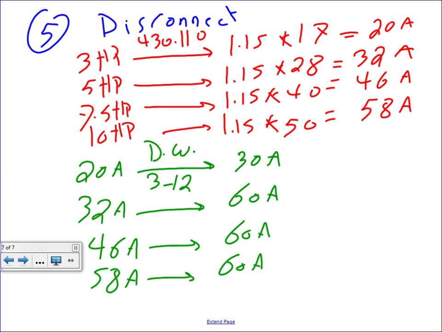Everybody can see where I came up with these numbers. The green thing is not code, these are standards right here. These you have to highlight, guys. Sizes of disconnect. So in the code, it just has to be rated at or above whatever.